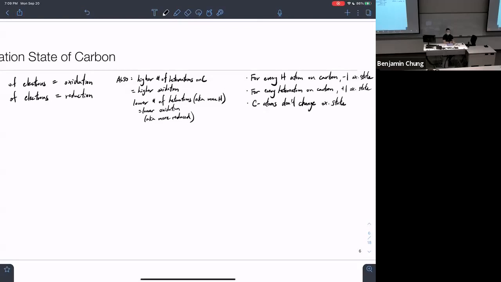So when we're calculating the specific oxidation state of any carbon in a molecule, for every hydrogen atom that is connected to that carbon, we subtract 1 for the oxidation state. For every heteroatom that is attached to that carbon, we add 1 to the oxidation state. And any other carbon atoms that are connected to that carbon atom don't change the oxidation state at all. So I'm just going to walk through some examples.